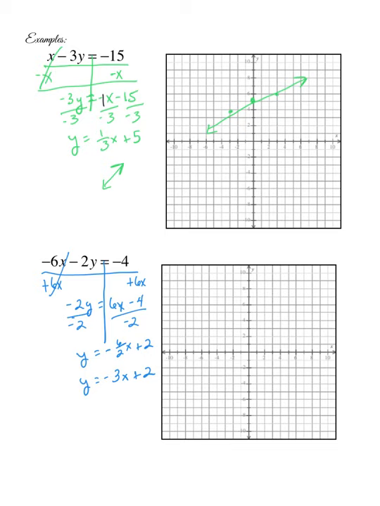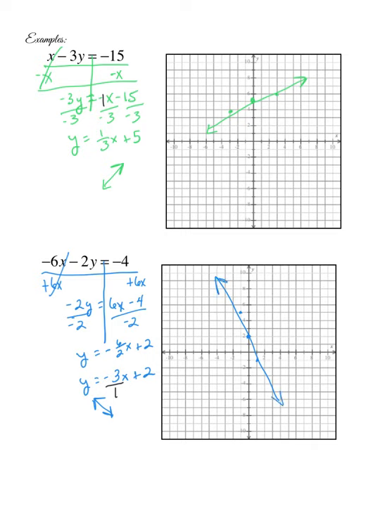All right, there's my equation. It's a negative slope. My line is going to go that way. So y-intercept is 2. My slope is 3, but remember, every whole number is over 1. We simply don't write it. 1, 2, 3, down 1. And let's connect those dots.